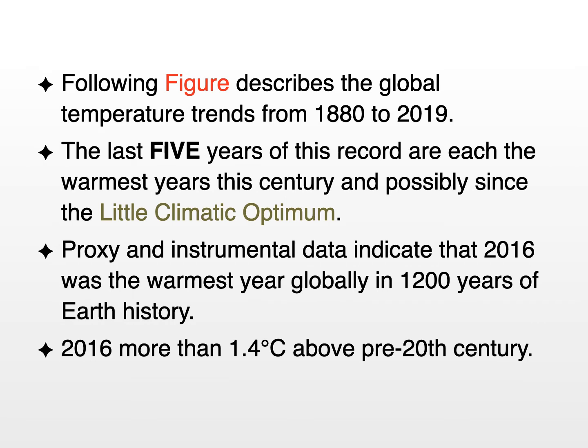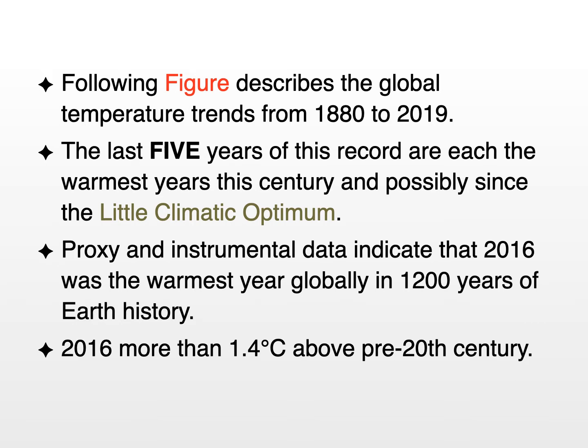It's based on instrumental data, so it's high quality. And what is shown on this graph are global annual mean temperatures. So this is an average of all the recording stations on the planet for a 1-year period for years going from 1880 to 2019.